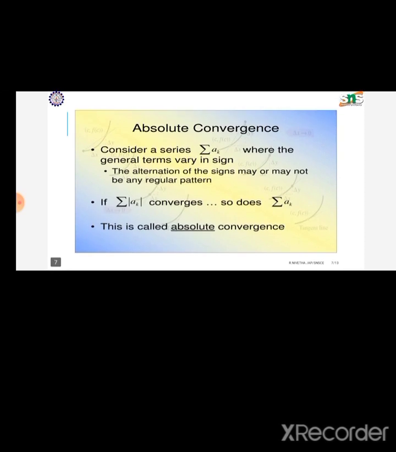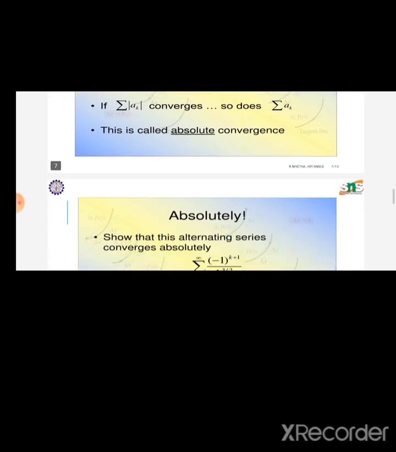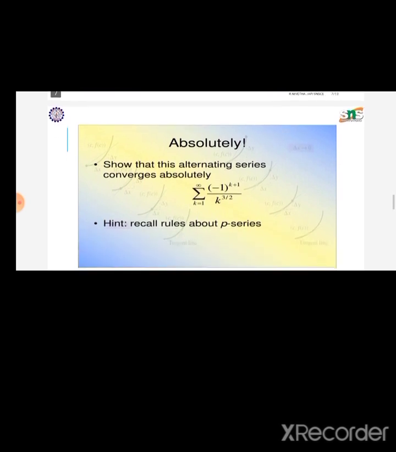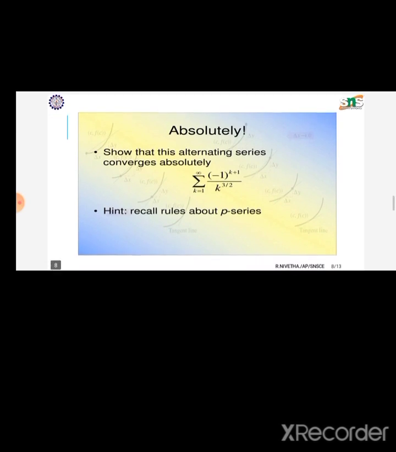If the summation of |a_k| converges, so does the summation of a_k. That is said to be absolute convergence. For example, the summation from k equal to 1 to infinity of (-1)^(k+1) divided by k^(3/2).